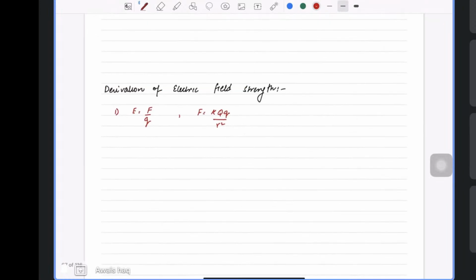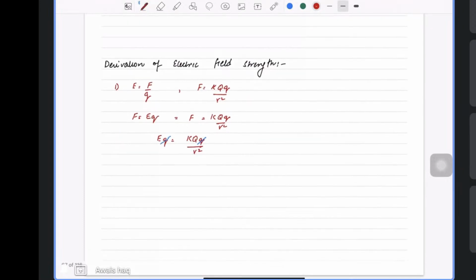And then what we're going to do is write F equals E q, because I can multiply q on that side, and here we put F equals k Q q over r square, so it will be E q equals k Q q over r square. Since this q and that q cancel out, that would mean that electric field strength will be equal to k Q over r square. This is a general formula to find electric field strength of an isolated sphere at any point, right?